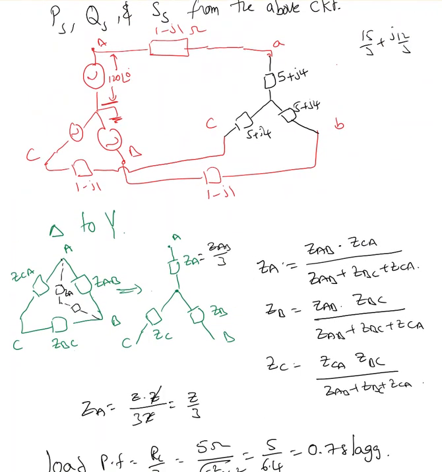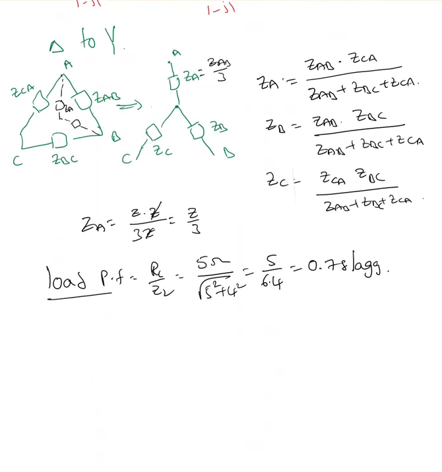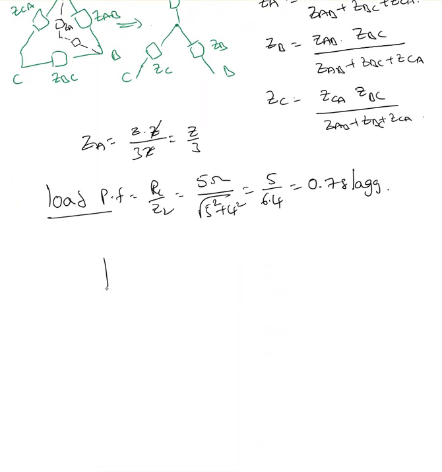Now to find the source power factor, similar to the previous example, since it's a balanced load, I'll separate a single phase source, solve it for single phase and then multiply by 3. That way I will end up finding all the quantities for three phase.